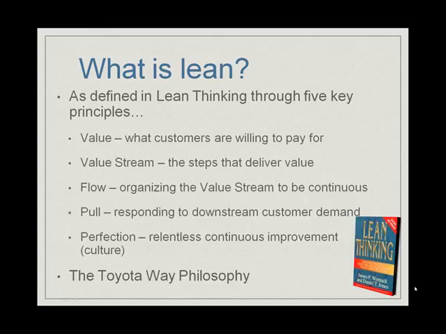So how can we flow at the pull of a given customer? And then finally is perfection, relentless continuous improvement, or culture. These have really been adopted in something known as the Toyota Way philosophy. And if you're interested, you can find a lot of information from James Womack at MIT.